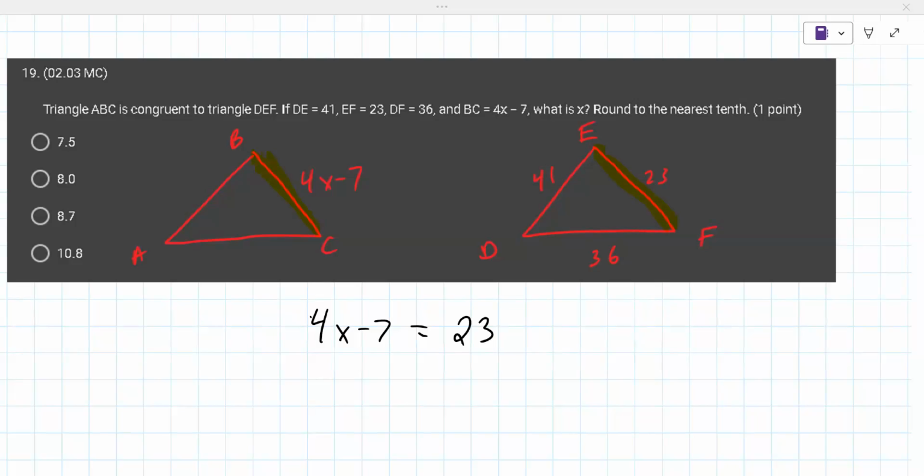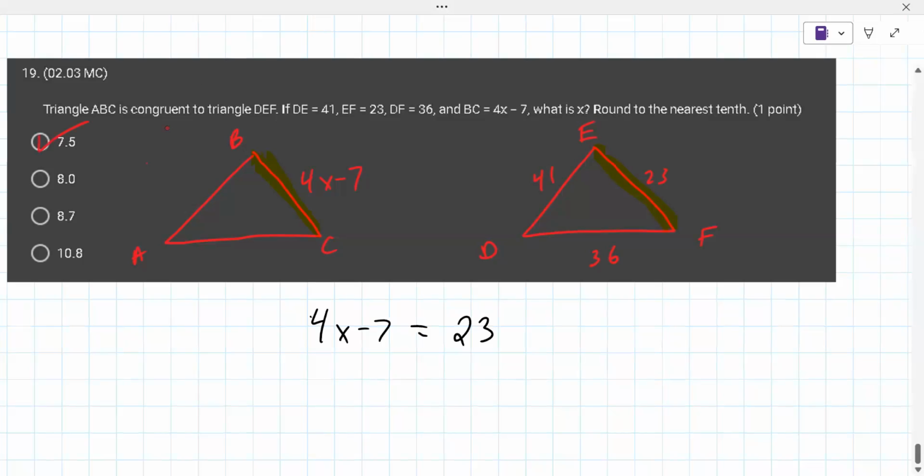Yeah, I need a calculator. Go grab one and let me know when you got it. 7.5. Right, 7.5.